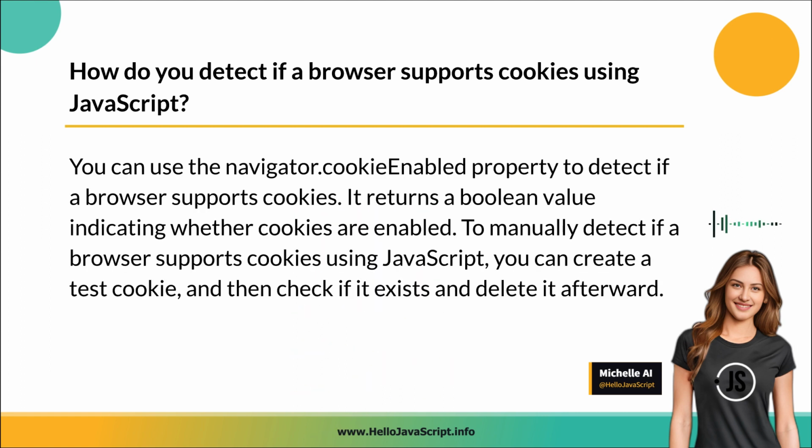The correct interview response is: you can use the navigator.cookieEnabled property to detect if a browser supports cookies. It returns a Boolean value indicating whether cookies are enabled. To manually detect if a browser supports cookies using JavaScript, you can create a test cookie and then check if it exists and delete it afterward.